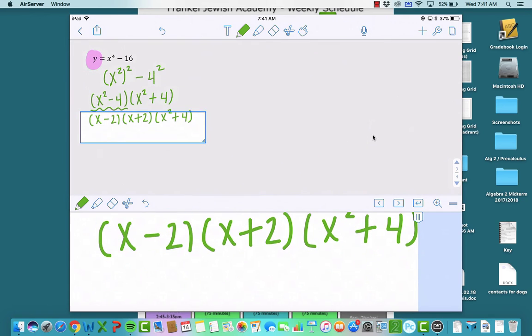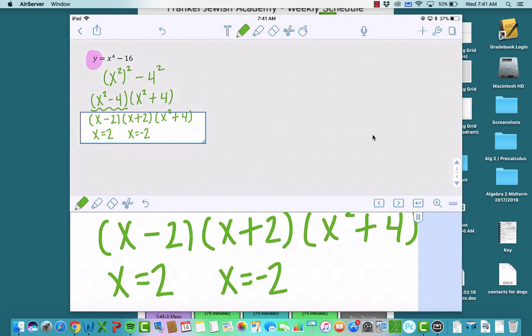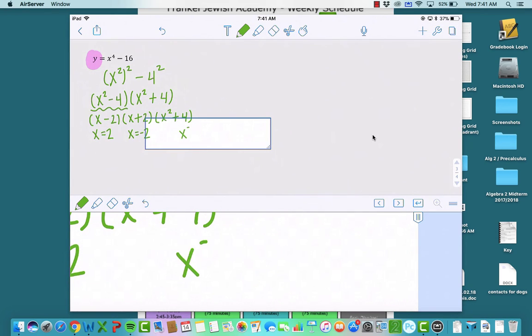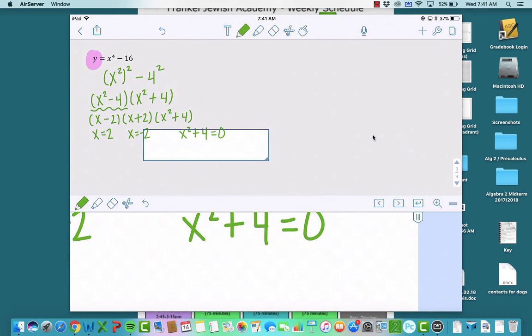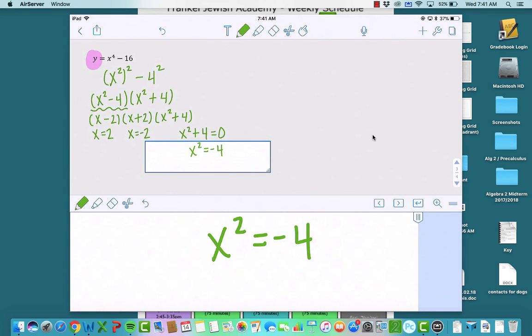And now, if I wanted to find my roots, I can do x equals 2 from this one, x equals negative 2 from the second one, and then I have to solve for this one. X squared plus 4 equals 0, x squared equals negative 4. Oh good, some imaginary numbers.